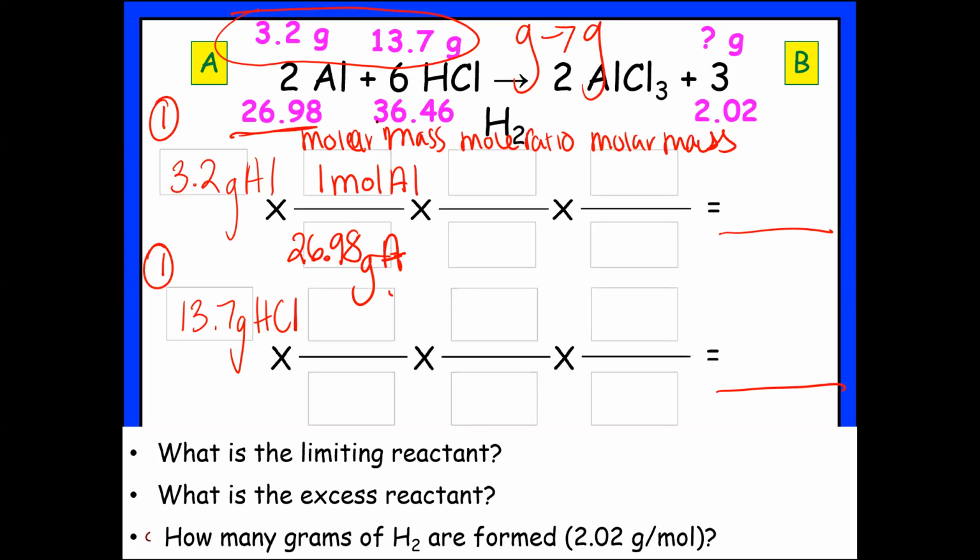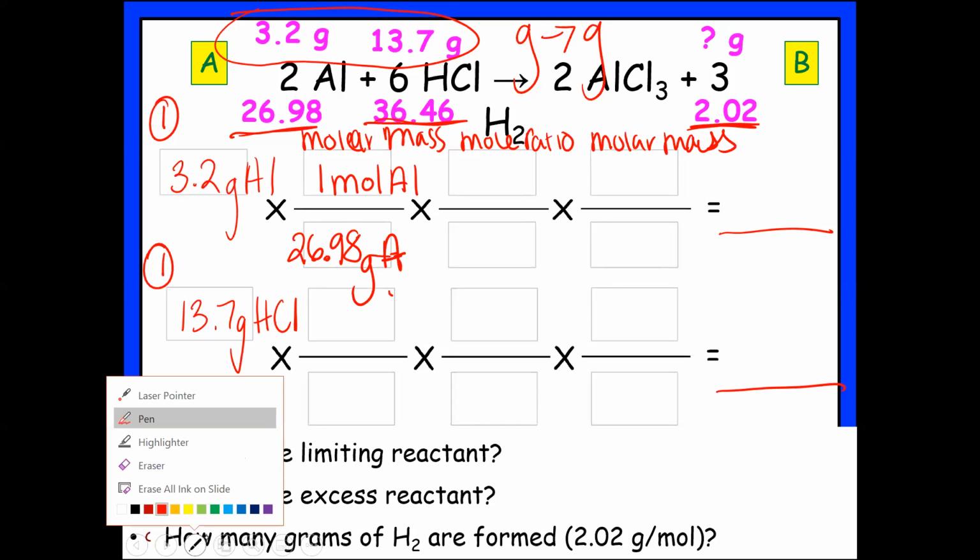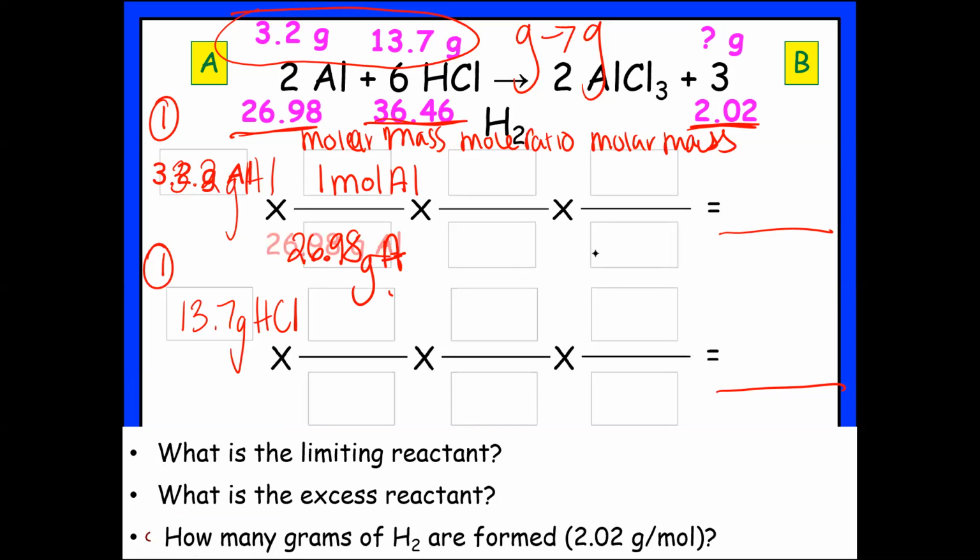So these are our molar masses. Our mole ratio, where do we get our mole ratio from? The coefficients. So I'm going to give you what to put, but you have to figure out what numbers to put. So this is the mole ratio, but what numbers am I going to put?